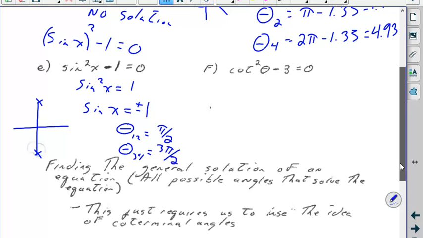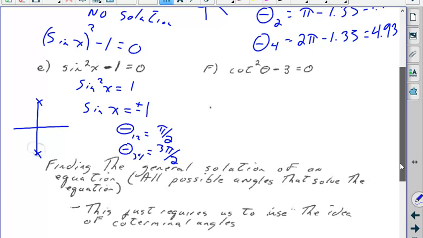I don't know why I use theta instead of x, but theta, x, alpha, beta, doesn't really matter. You can interchange. The most important thing there is that you're going to have a positive and a negative.